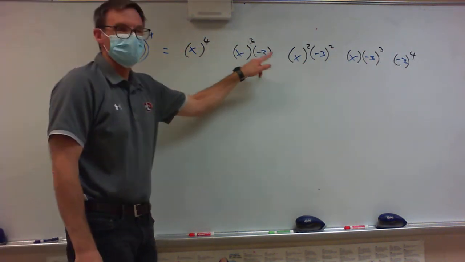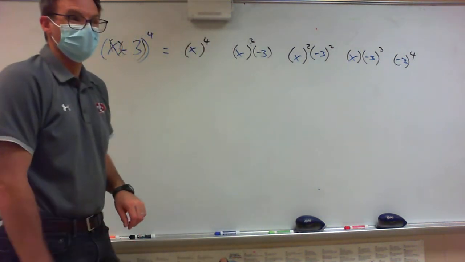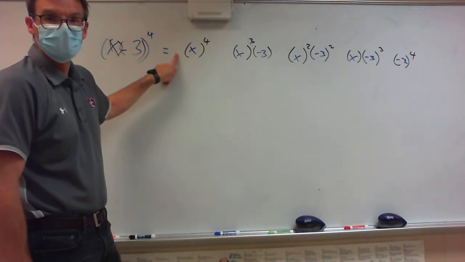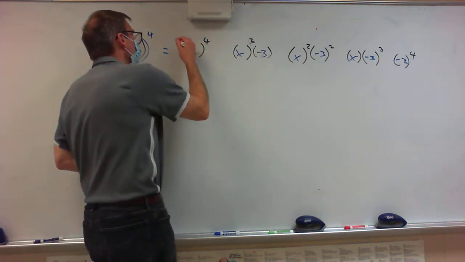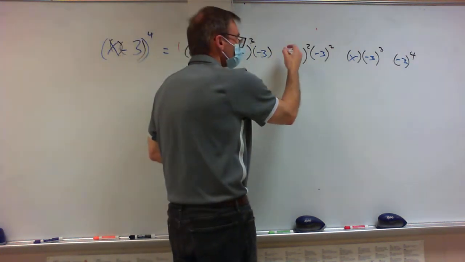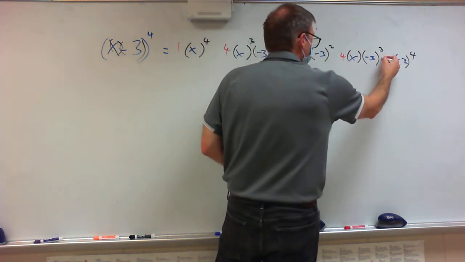Now, I need the numbers from Pascal's triangle. So you've got Pascal's triangle. What goes here? 1, 4, 6, 4, and a 1, right?